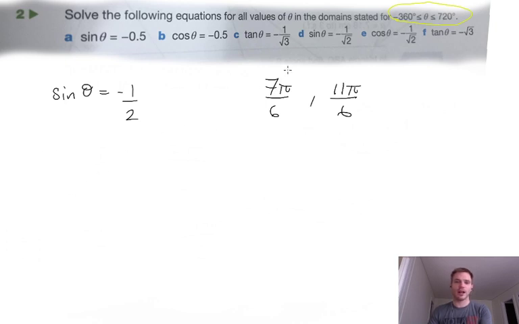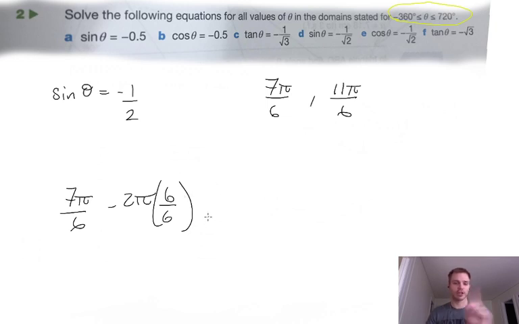Okay, so I need to subtract 2 pi from this. I need to subtract a full circle from this, and from this. That's going to put me in that period. So let's put those in there. So 7 pi over 6 minus 2 pi. Same kind of process. We've got to get a common denominator. And if you were doing this in degrees, you would do whatever this is in degrees minus 360.